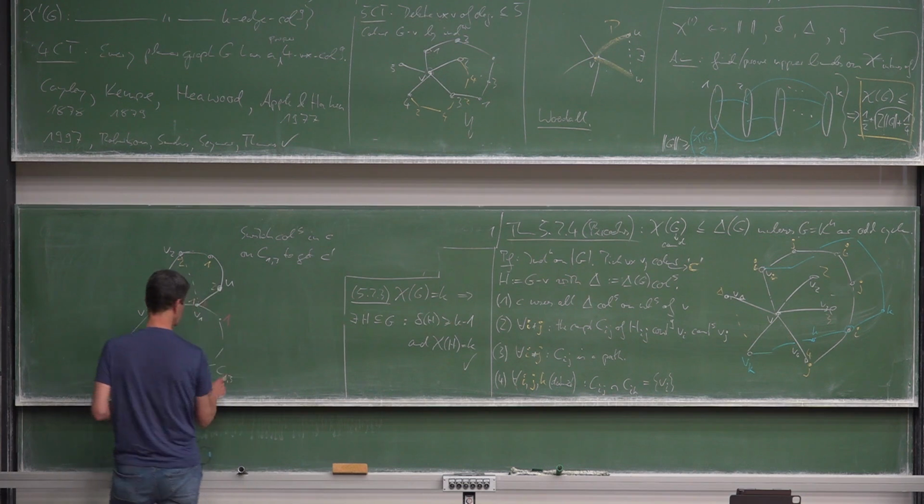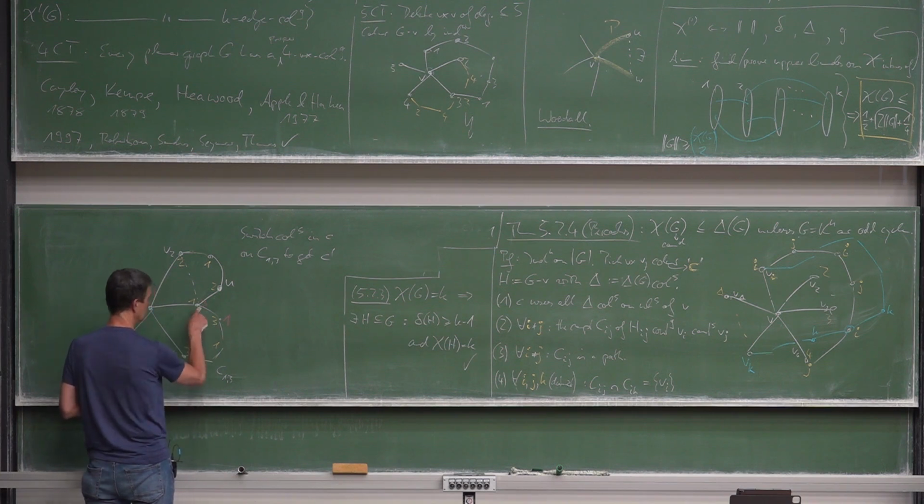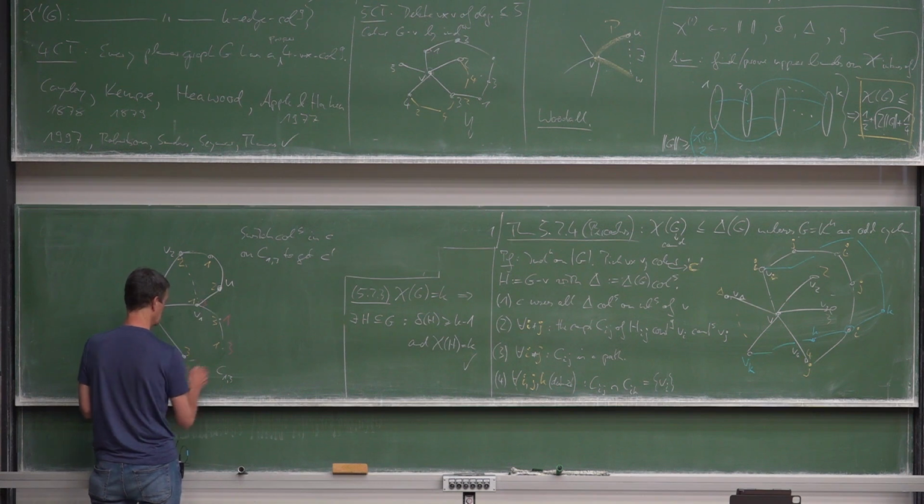So this used to be the 1-3 path, so here we have 1, 3, 1, 3. And these have now 3, 1, 3, 1.